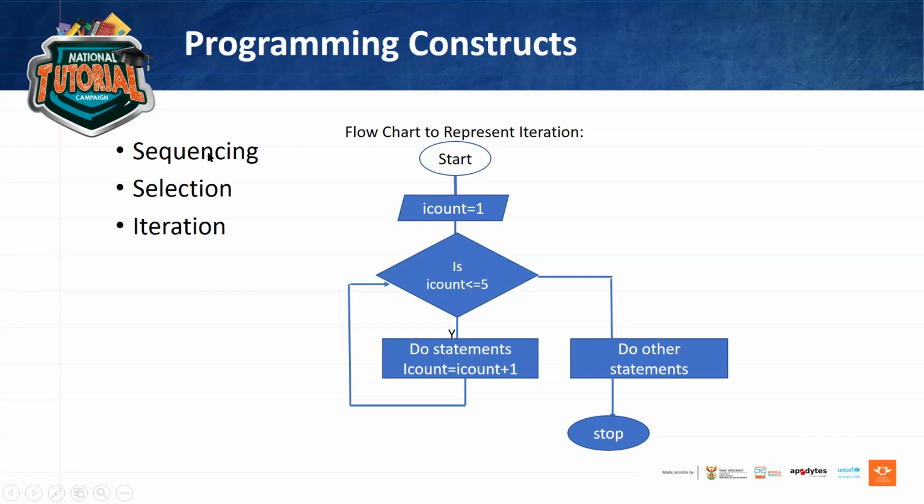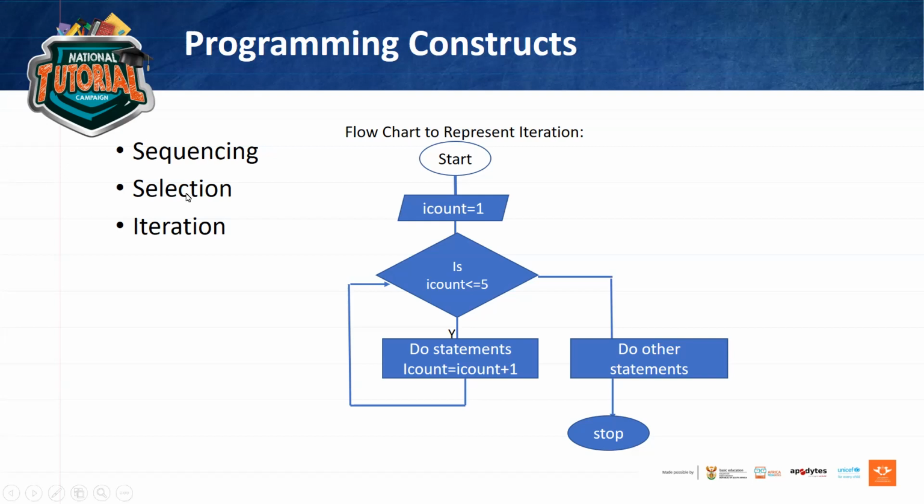Sequencing is simple statement after statement that are done one after the other. Whenever you're doing a program, you do the first line, you go on to the second line, the third line, the fourth line. You are following a certain order, a certain sequence, a line after another.